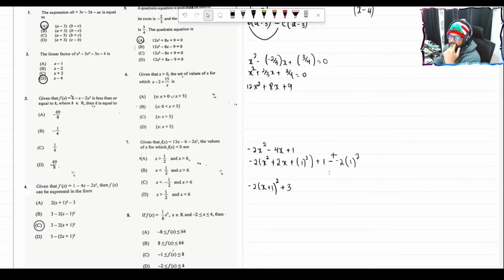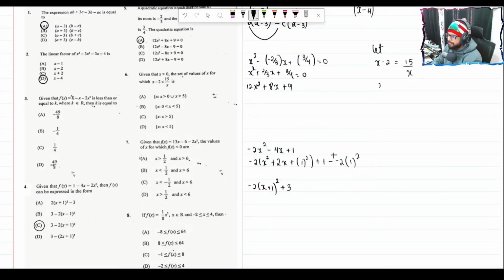Given that x is greater than 0, we want the set of values of x for which x take away 2 is less than 15 over x. Generally, you would like to multiply by the square of the denominator. But in this case, we could just say let that be equal to that, and calculate the values of x.